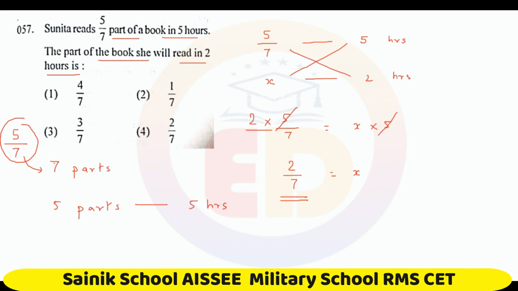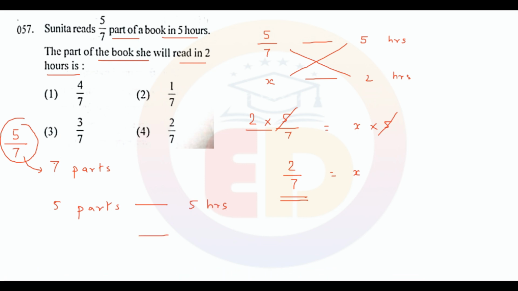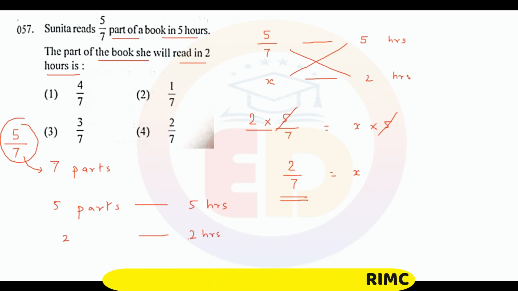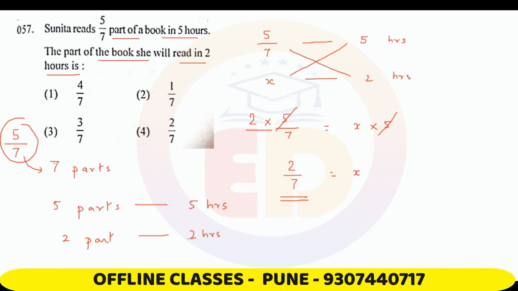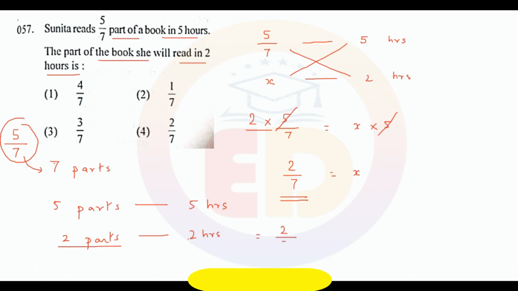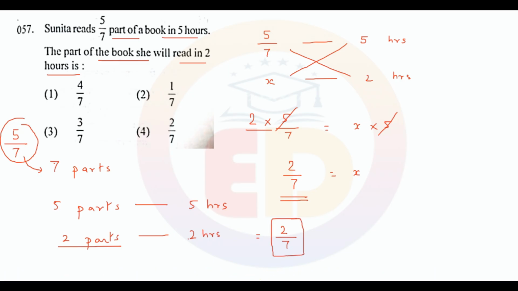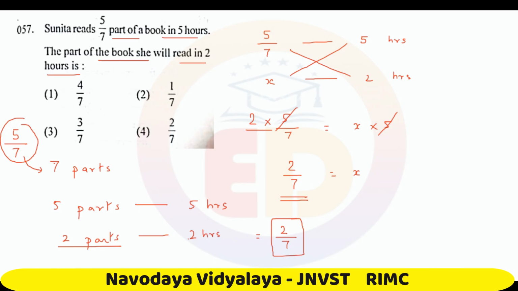Makes the question simple. 5 parts in 5 hours. So 2 hours, 2 parts out of total 7 parts. So she will read 2 out of 7 parts. Answer is 2 by 7 in 2 hours. Option number 4.